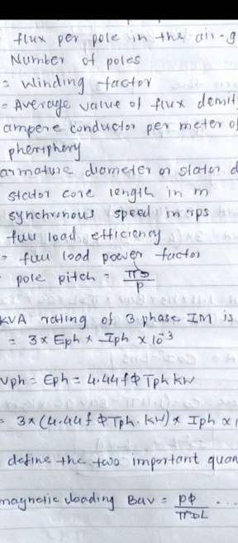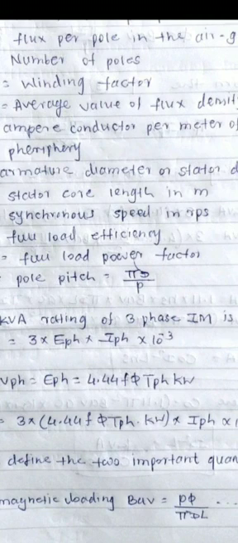EPH is the induced EMF per phase, also called VPH. Keep in mind that KW is the winding factor, it is not kilowatt.